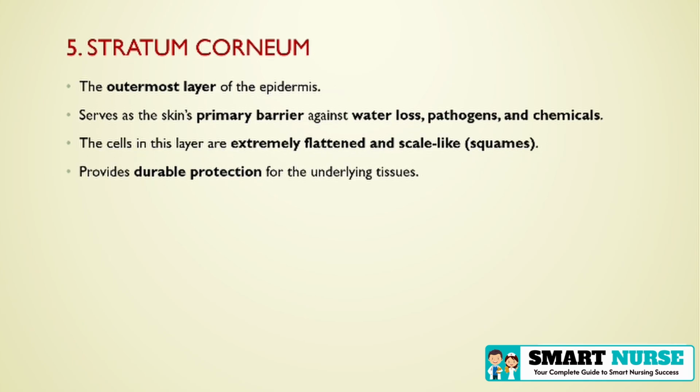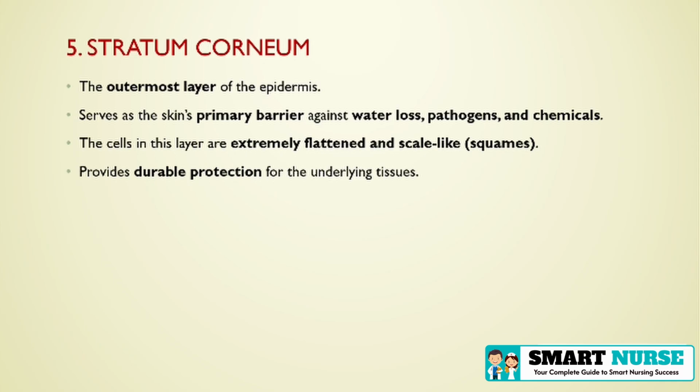The next, the last layer, is stratum corneum, which is the outermost layer of the epidermis. The stratum corneum acts as the primary barrier against water loss, pathogens and chemicals. The cells in the stratum corneum are extremely flattened, scale-like structures.